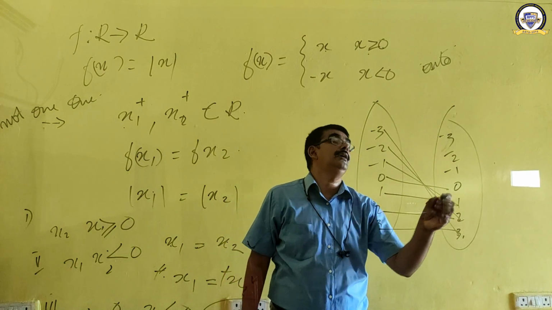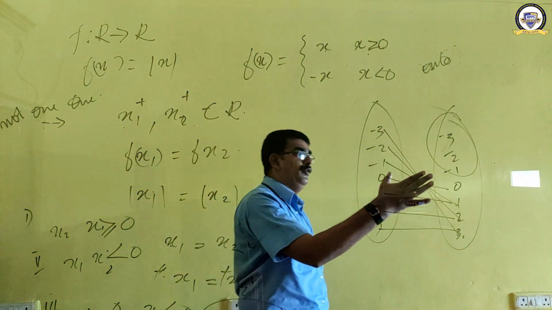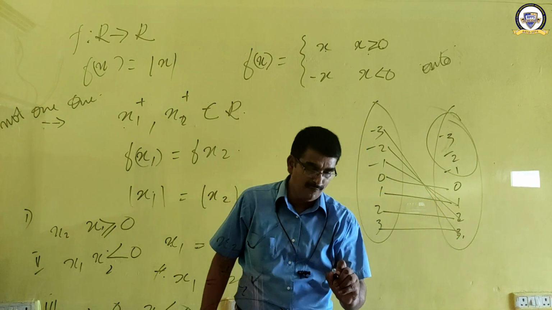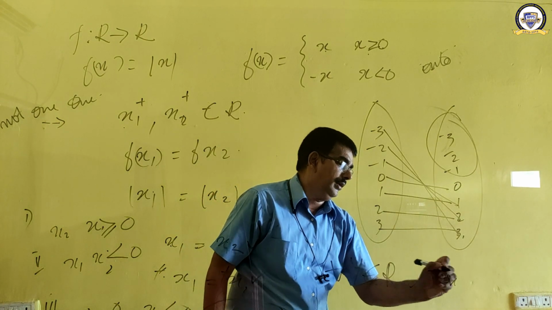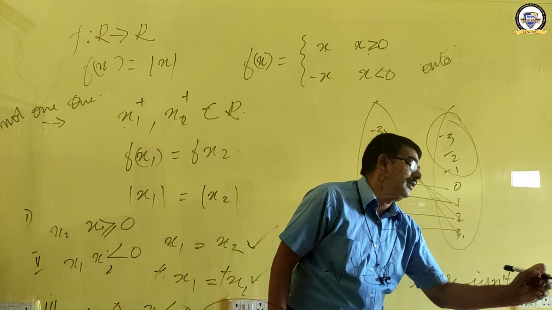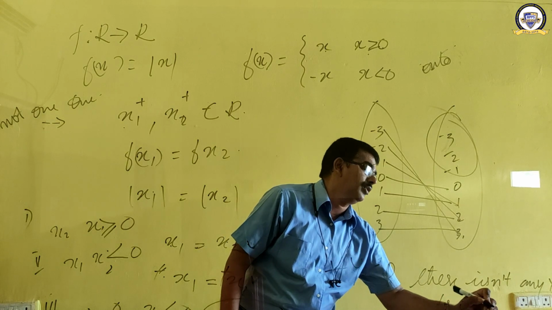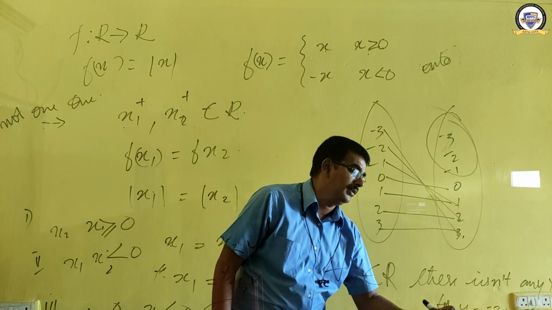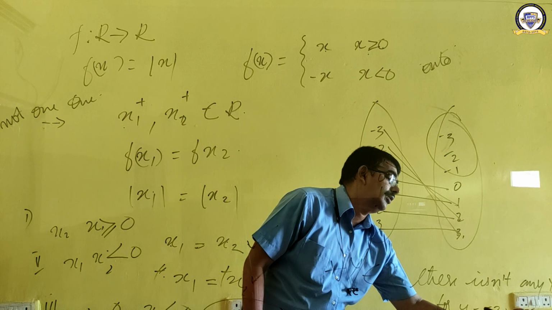See, for negative 3, negative 2, any negative number if you consider, there isn't any pre-image over here at the domain. So for y belongs to R, there isn't any x that is a pre-image for y equal to negative 3 or negative 2, such that f of x is equal to modulus of x.